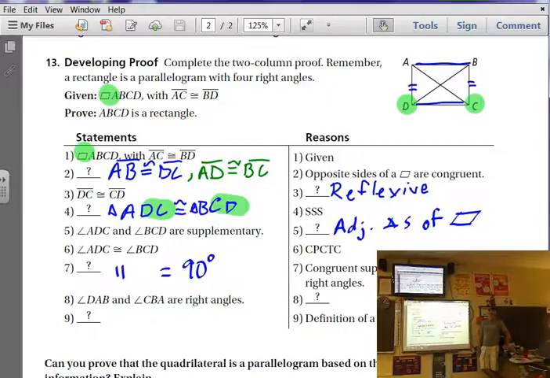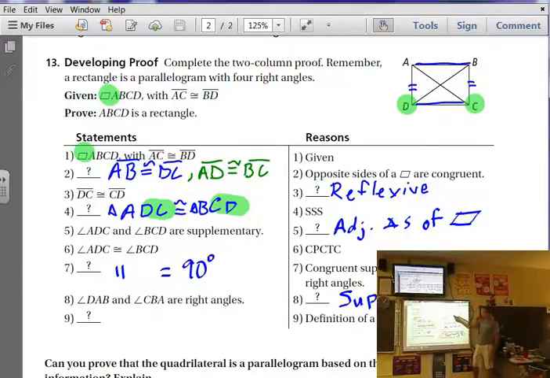They're all different ways to say the same thing. So you're good. DAB, CBA, those angles are right angles. Emma? Because they're supplementary to ADC and BCD. Yeah, because they are the supplements of right angles.